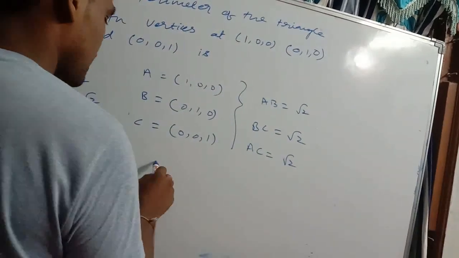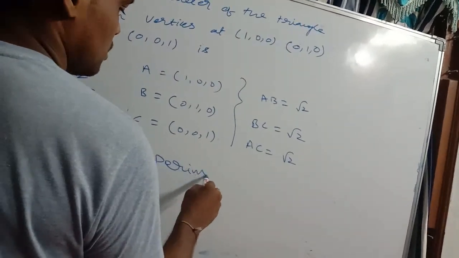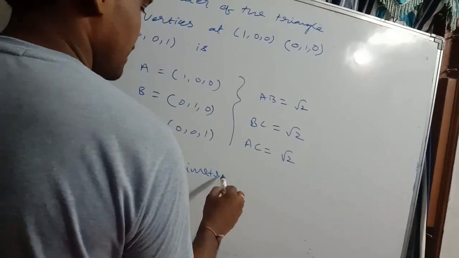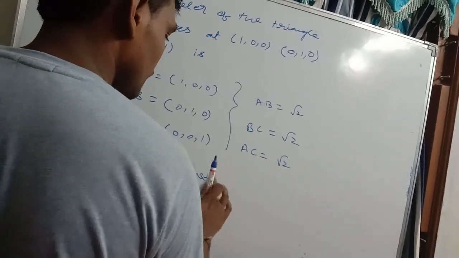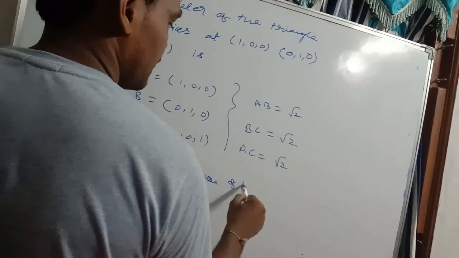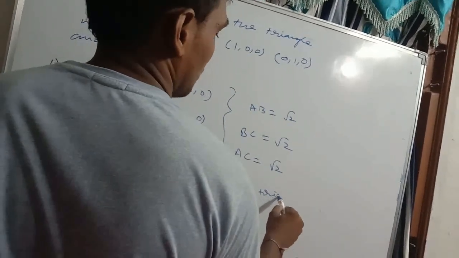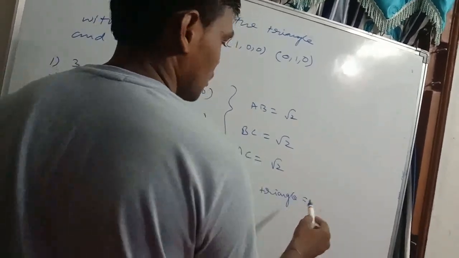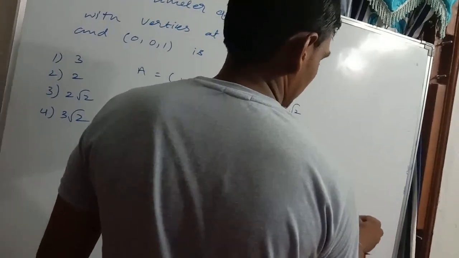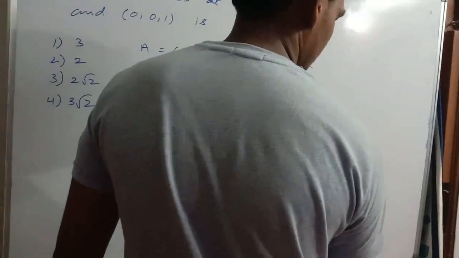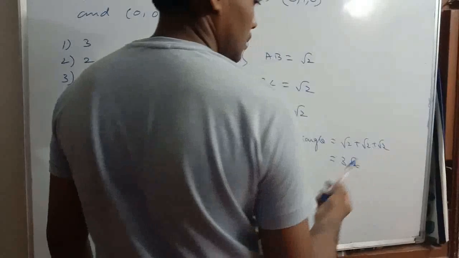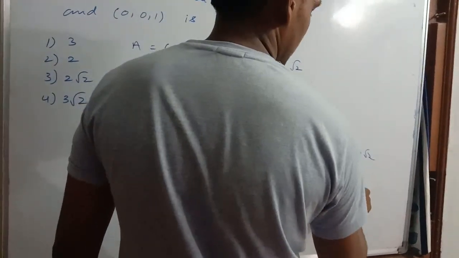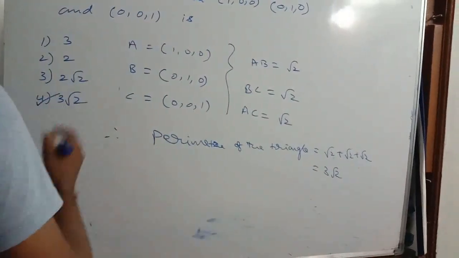Now the perimeter of the triangle is equal to root 2 plus root 2 plus root 2, and this is 3 root 2. So answer is 3 root 2.